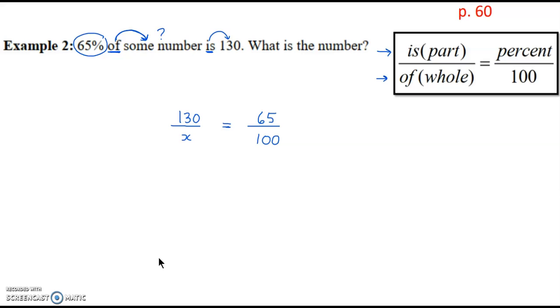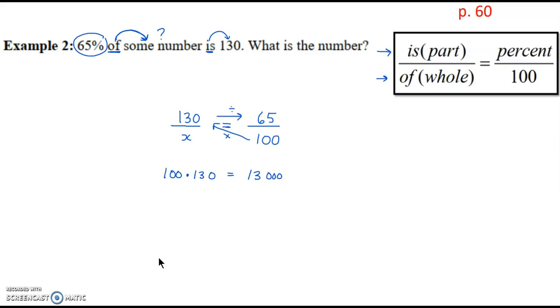Now we can solve for x. We can cross multiply and divide. We can take 100 times 130, which is going to give us 13,000. And then we can divide by 65.